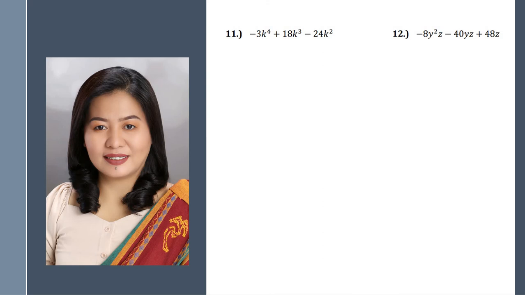So next, we have the factors of negative 3k to the fourth plus 18k cubed minus 24k squared. So that would be negative 3 and k squared. So we have k squared minus 6k plus 8.